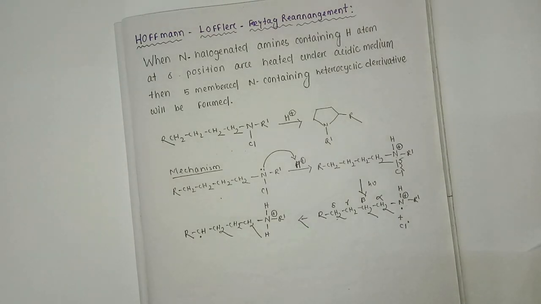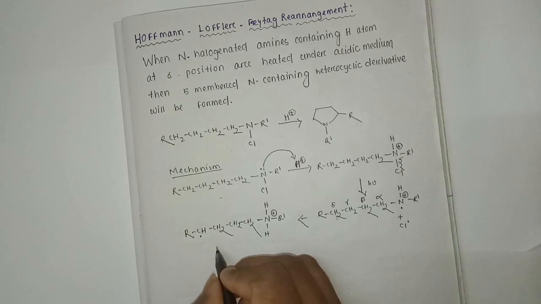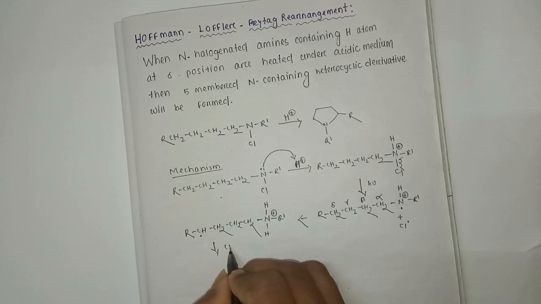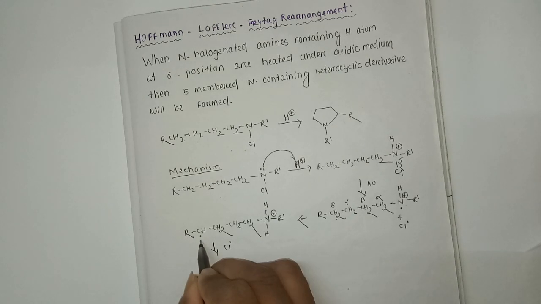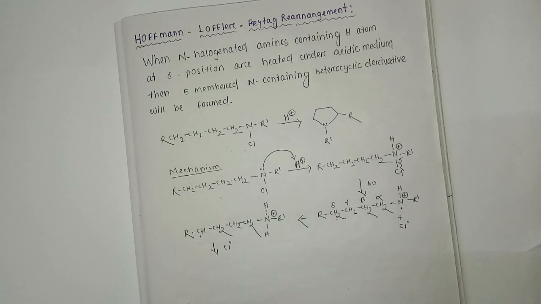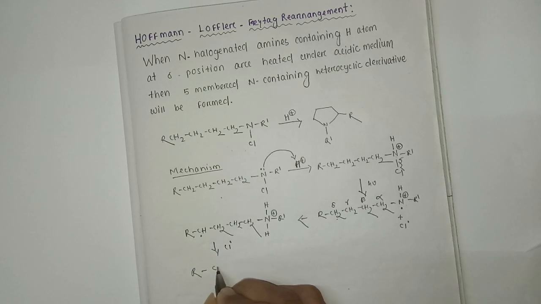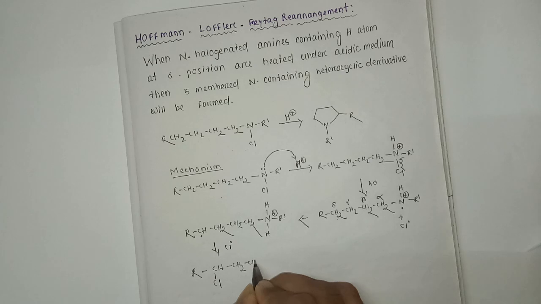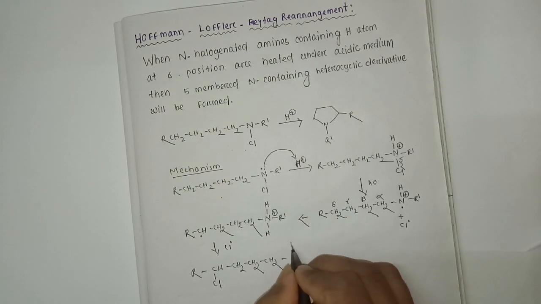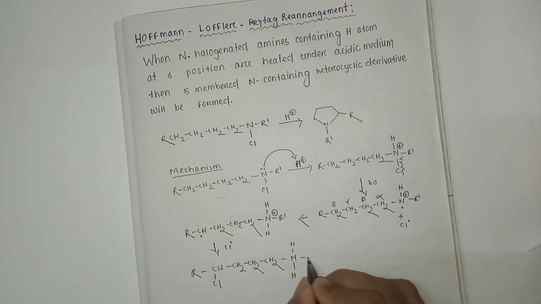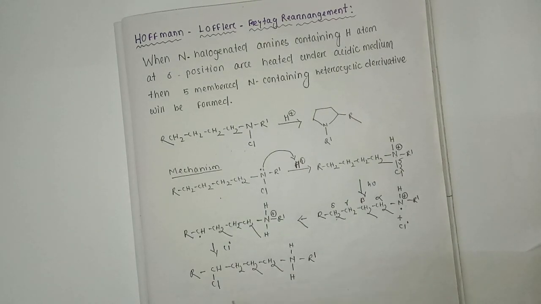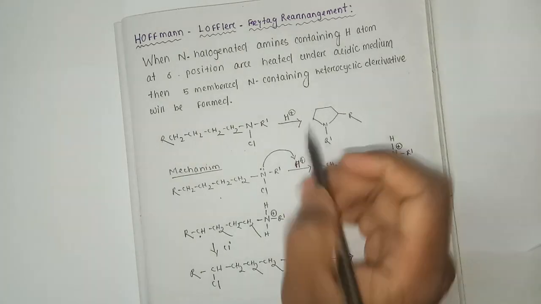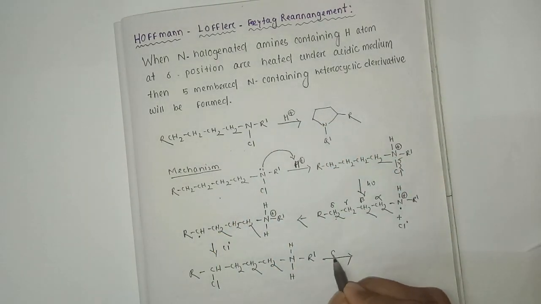Then we know that in our solution we have a chlorine radical, so this chlorine radical will attack the radical side. Finally we get CHCl, CH2, CH2, CH2, nitrogen, hydrogen, hydrogen and the RDS group. In our solution we have the acidic medium H plus, and we also have OH minus.